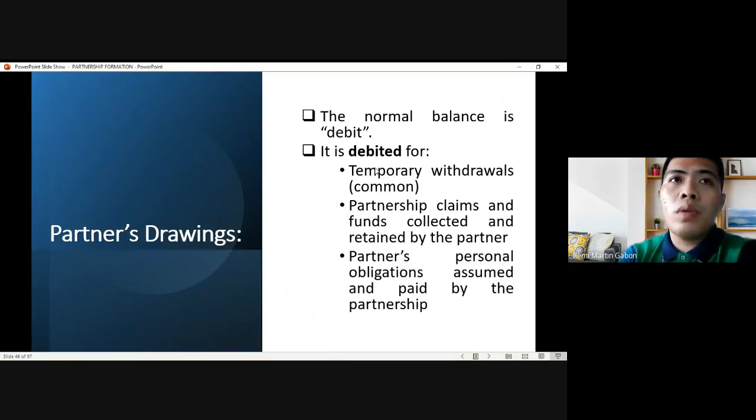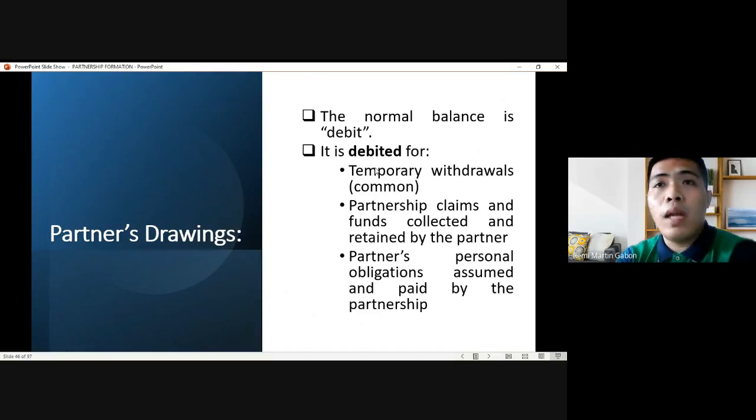When we say common withdrawals, it is in anticipation of profit. So if the partners anticipate profit, they can withdraw temporarily in advance. It is being charged to a partner's drawing account. Then it is also debited for partnership claims and funds collected and retained by the partners.